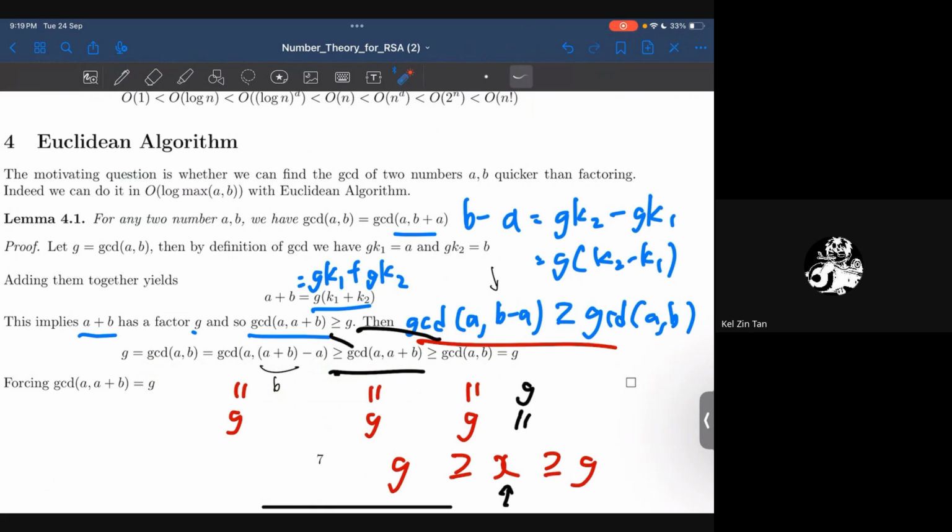At the very front of the inequality, I have G. At the very end, I have G. So I am forcing this part to also be G. Which is why in the end, GCD of A and A plus B is equal to G. So is this okay?